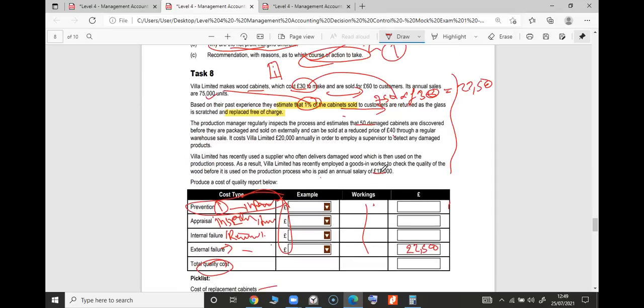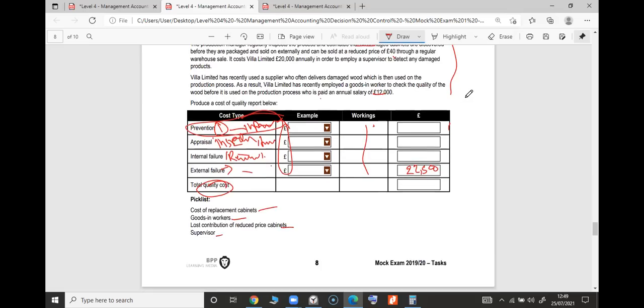Shazad said no. Maybe you need help. Like 1%, you need to do rework of which one? 75,000, don't you? 75,000, 1%, how much do you get? 750. And the cost of each item is 30 pounds. So 30 times 750, you get 22,500. I think this is the money sign and these are not money. These are the pick list from here.